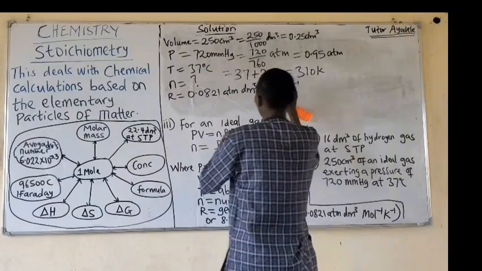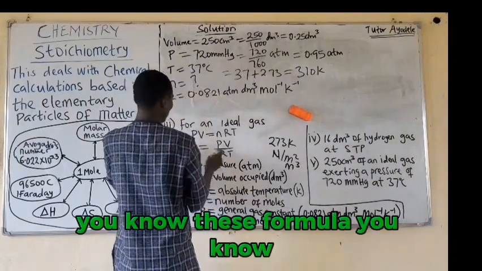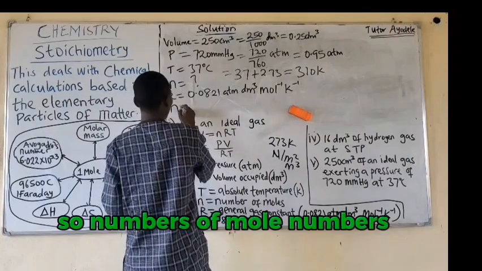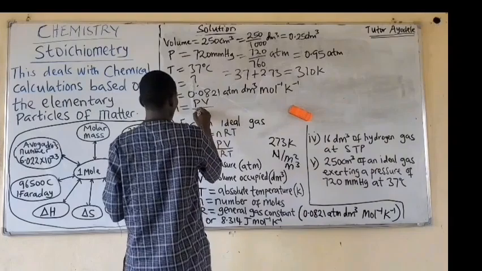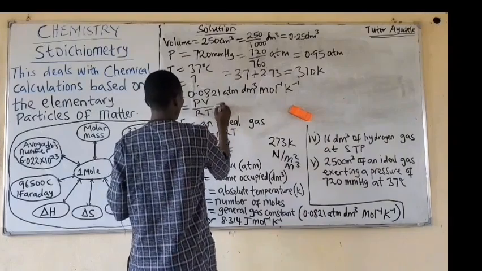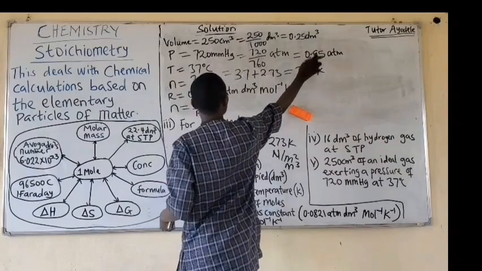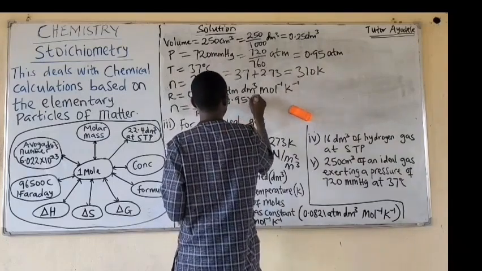So then we can substitute our parameters into our formula. You notice that this is the formula that relates everything together. Number of moles equals PV over RT. So what's our P? Our pressure is this. We have changed it to 0.95 times, what is our volume?